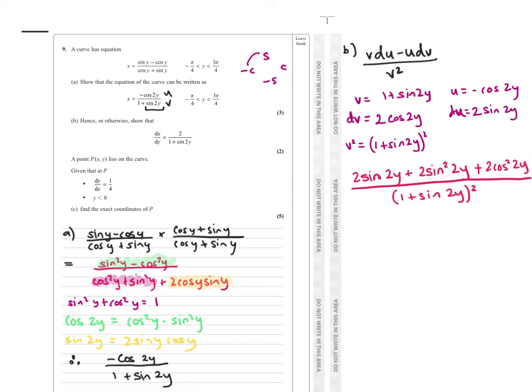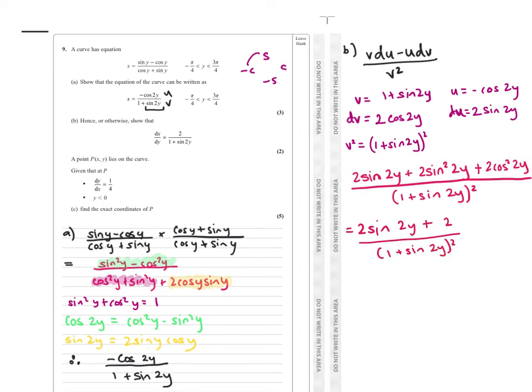Then, what do I have? Sine squared plus cos squared equals what? 1. So if I factorise out 2, this is actually going to give me 2 sine 2y plus 2 over 1 plus sine of 2y all squared.